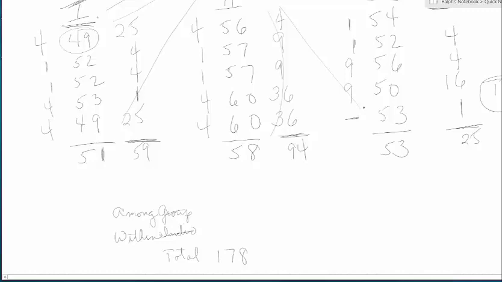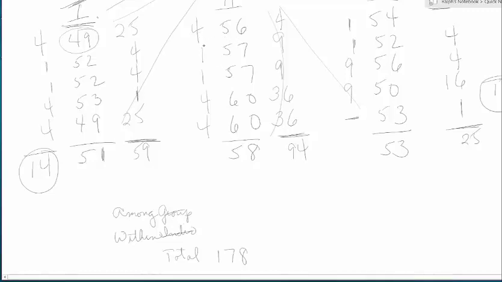So let's total these up now. If we add the 4 and the 1 is 5, and the 1 is 6, and the 4 is 10, and the 4 is 14, so this gets 14 right here. That is the within in this group. What about the within with group 2?